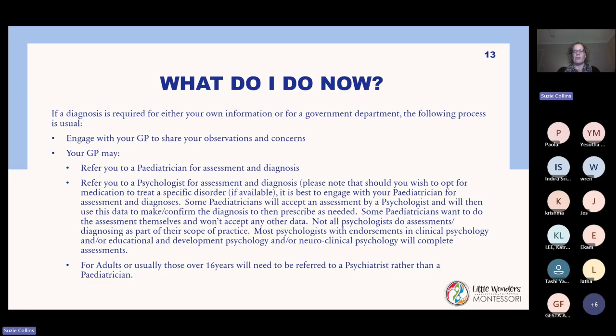They will usually be the ones who do assessments and can provide a diagnosis. In relation to adults, I'll just pop this in there, or any children over 16, most paediatricians probably wouldn't see someone new at that age, so it's best to get a referral directly to a psychiatrist.